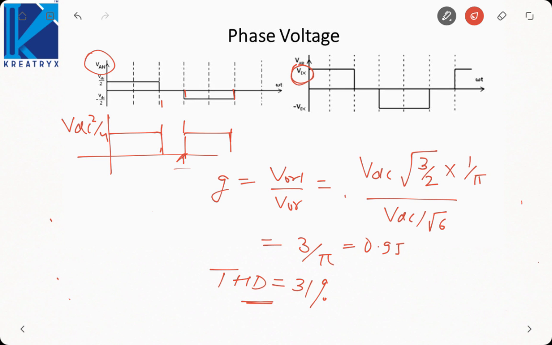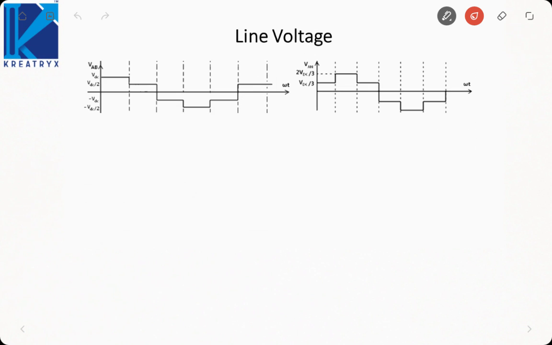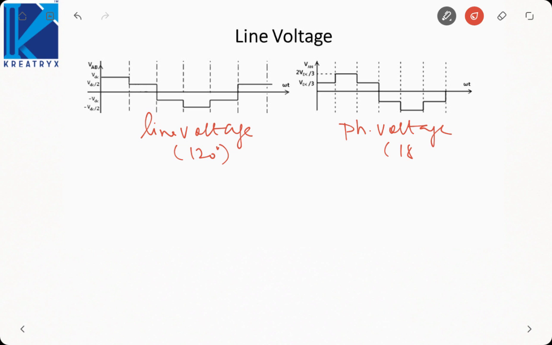Okay. Next, let us move on to line voltage. So this is our line voltage of 120 degree conduction mode. This is phase voltage of 180 degree conduction mode. If you see, the waveforms are similar, but here the amplitude is 2 VDC by 3, here it is VDC. So we can say VL 120 mode is equal to 3 by 2 V phase 180.